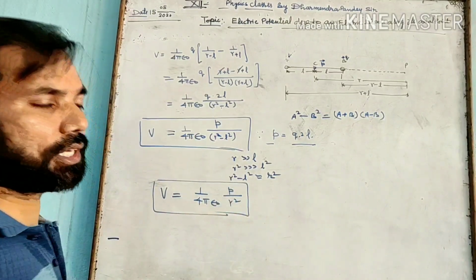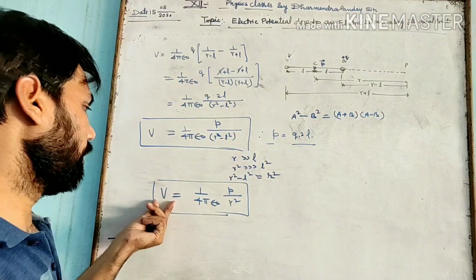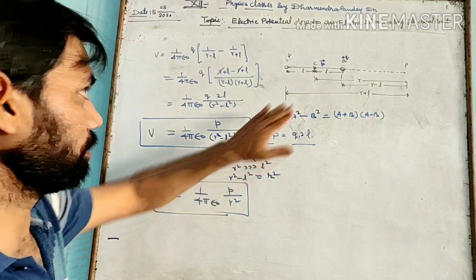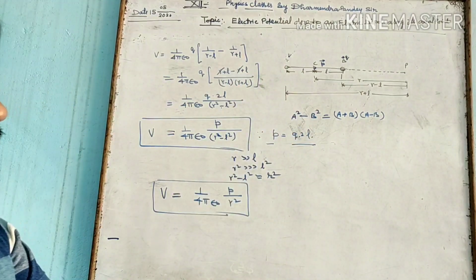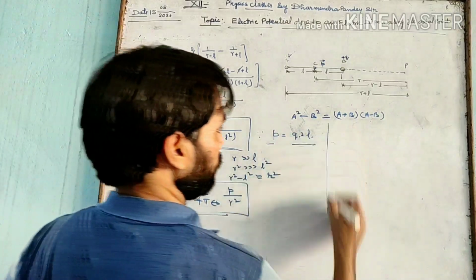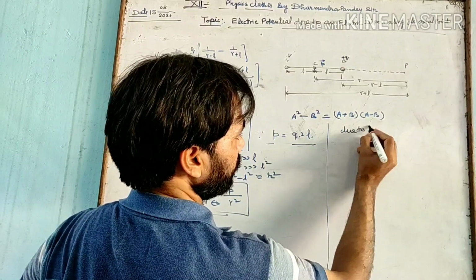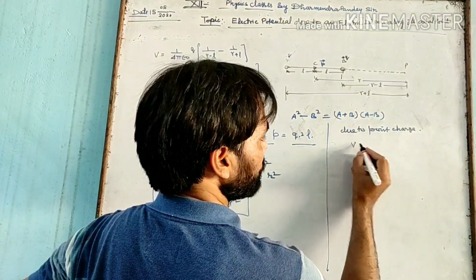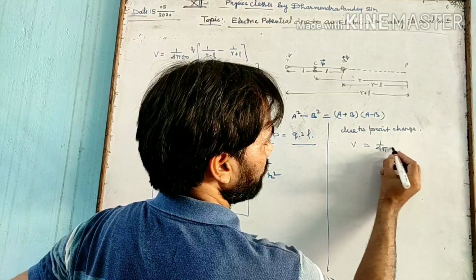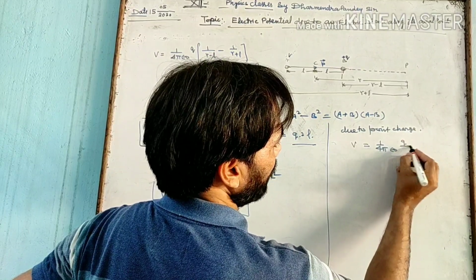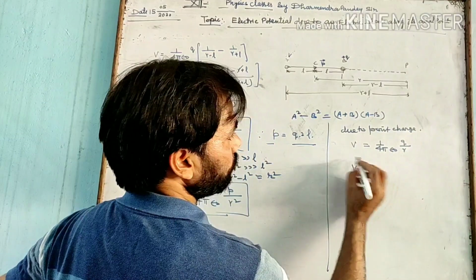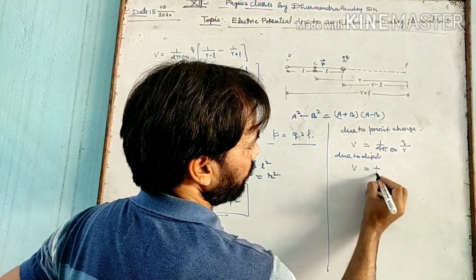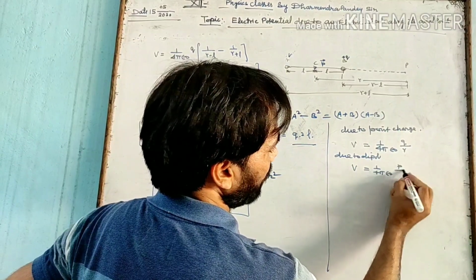If we compare this expression of electric potential due to a dipole with the electric potential due to a point charge, we will find that due to a point charge the potential is 1 upon 4 pi epsilon 0 q upon r, and due to a dipole it comes out to be 1 upon 4 pi epsilon 0 p upon r square.